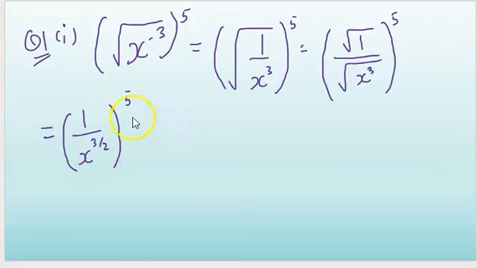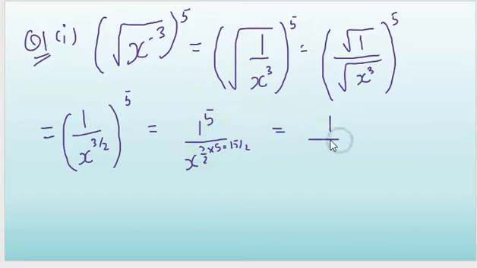Now again we will open the brackets. This means 1 raised to the power 5 upon x, see this denominator carefully, x raised to 3 by 2 into 5. So 3 fives are 15, upon 2. I told you students, 1 raised to any power, whether it is 5, 50, or 5 lakh, is always 1, so you don't have to think much about this.